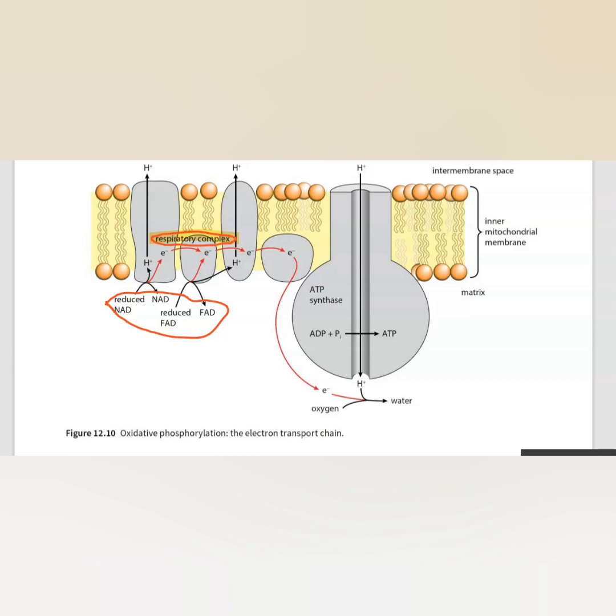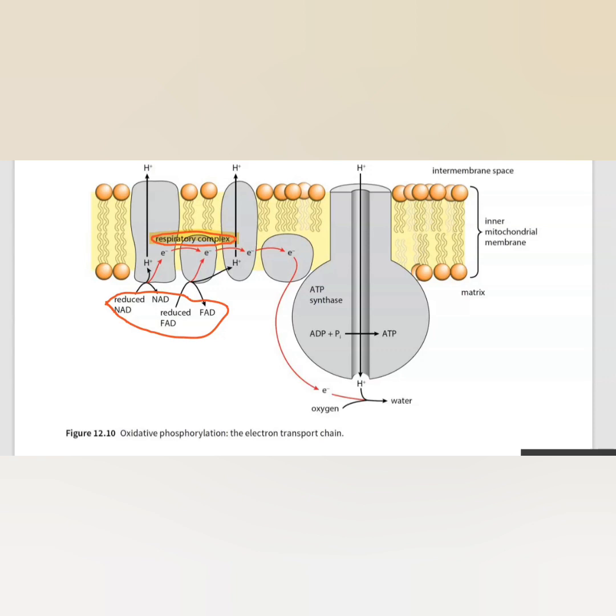Here are some enzymes which are fixed in the crista, that is the inner membrane. These enzymes are NAD dehydrogenase and FAD dehydrogenase, which oxidize these two compounds to form protons and electrons, and NAD and FAD are set free.